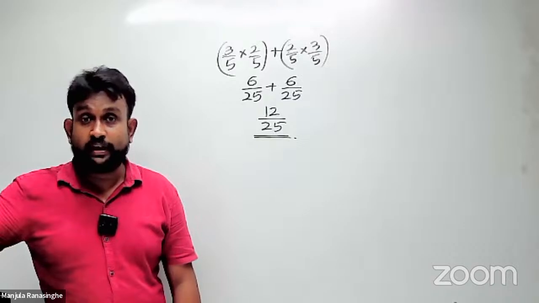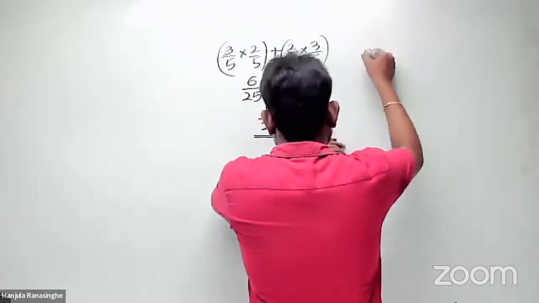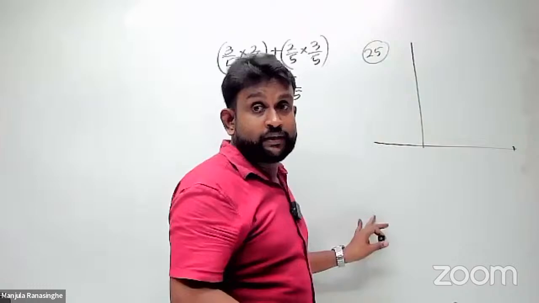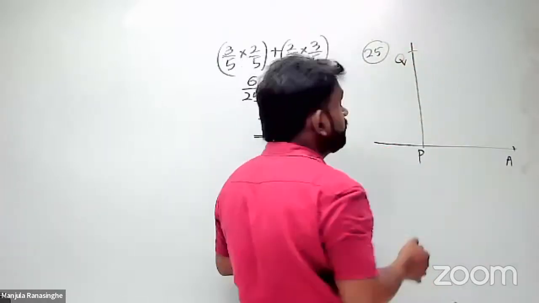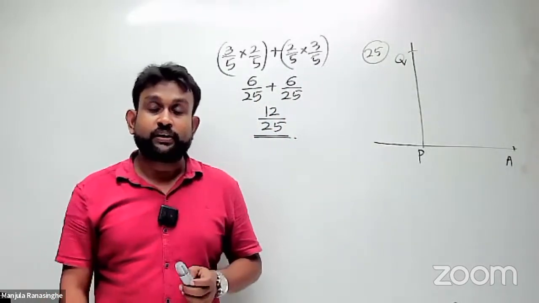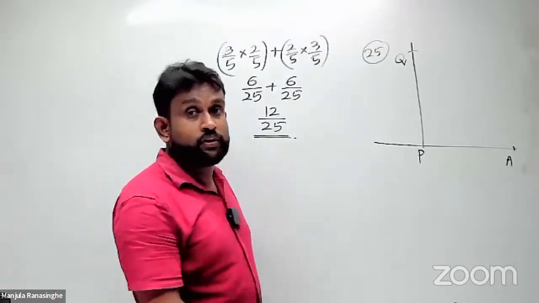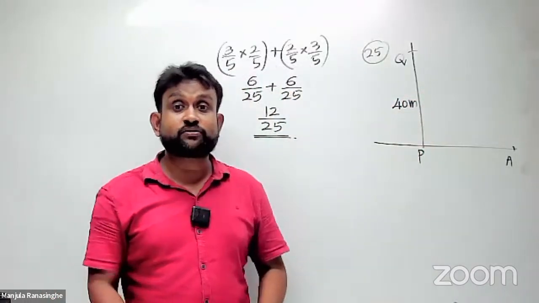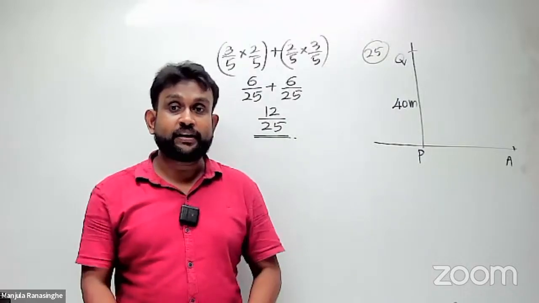Now we move to the last question. See there, here P, A and here Q. The location A is observed from the top of a tower Q with the height of 40 meters, which is located on the ground level, at a 35 degree angle of elevation.